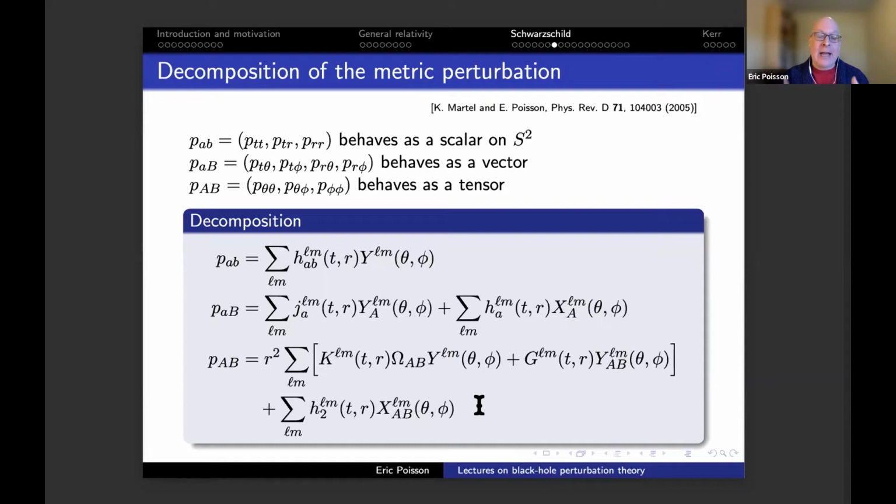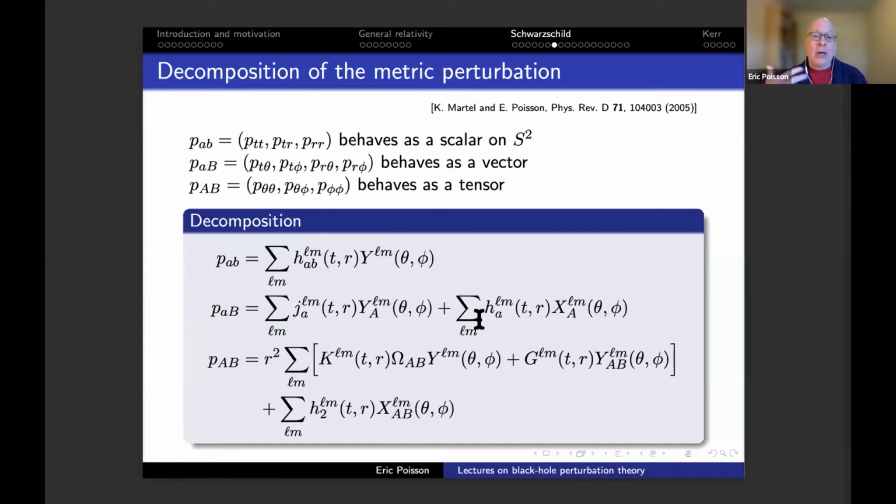The symmetries of the background spacetime inform the way that I choose to do all of this. And when I translate this into differential equations that these quantities will satisfy, the symmetries of the background spacetime will help me simplify the results and take advantage of this decomposition.